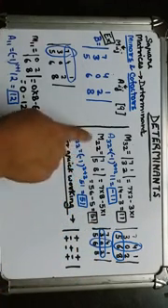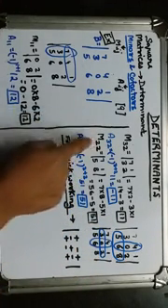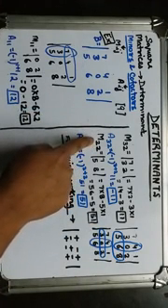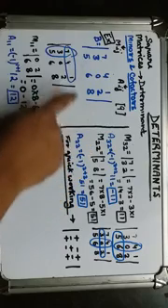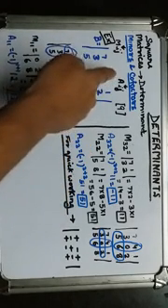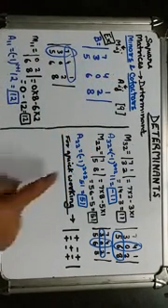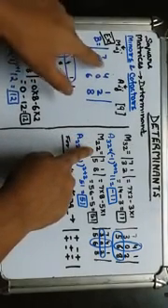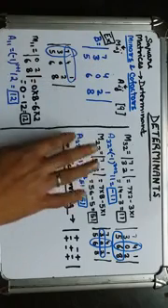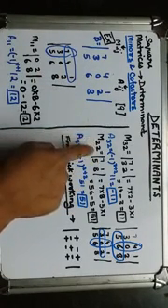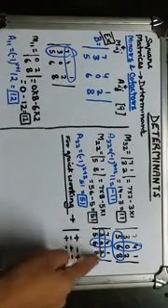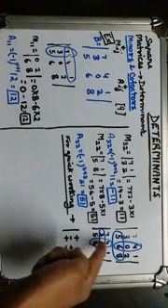Next, we are going to take out the minor of second row, second column, or the minor of 0. Both ways are the same. This is the second row, this is the second column.